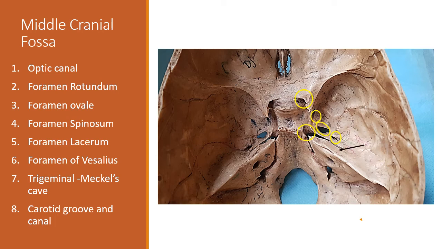A trigeminal cave is present along the anterior surface of the petrous temporal bone, which lodges the trigeminal ganglion, and a carotid groove for the internal carotid artery by the side of the body of sphenoid, where it is related to the cavernous sinus.